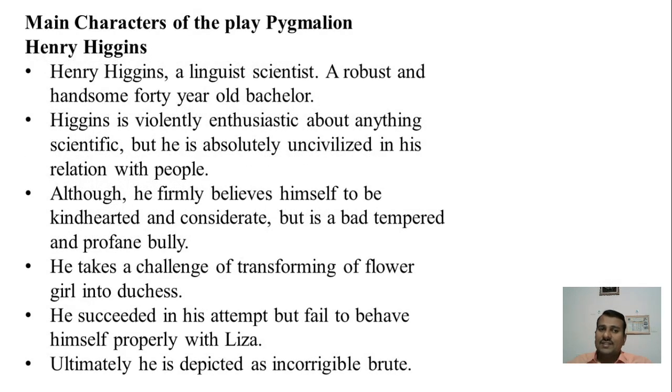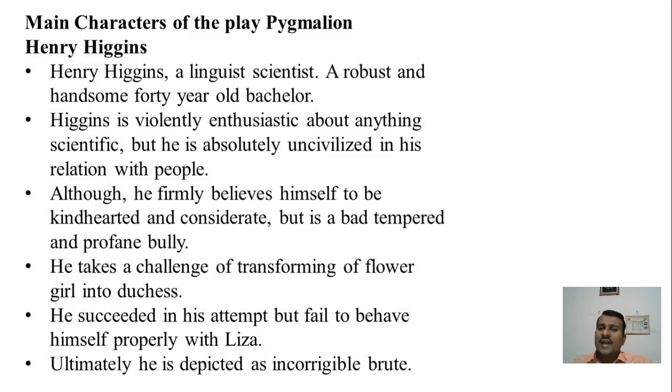Here the first important character is Henry Higgins. He is a linguist, a robust and handsome 40-year-old bachelor. He doesn't have any inclination or interest to get married. Higgins is considered violent, enthusiastic, and praised for scientific study.